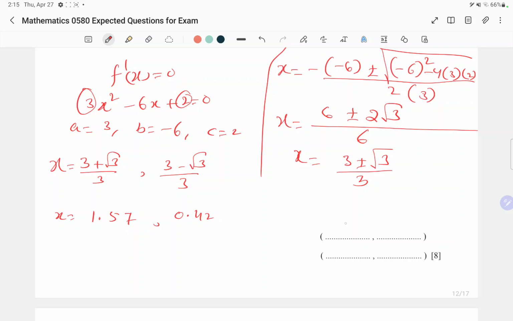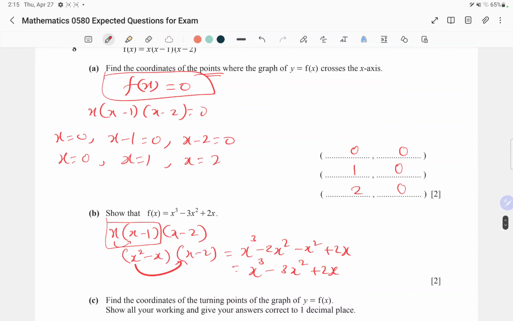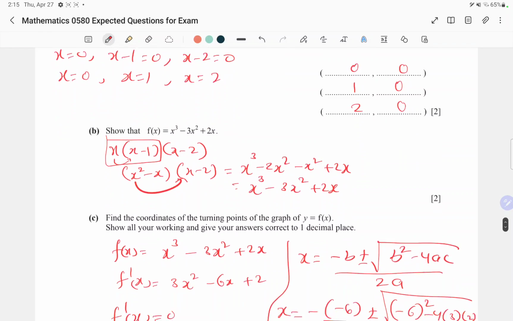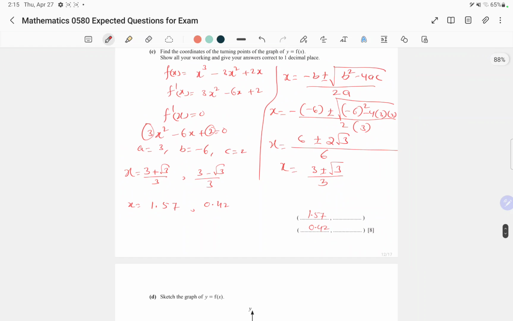So I got 1.57 and 0.42, but I need to get y as well, right? For y, you can use this result f(x). Just get f of 1.57 and put it over here.